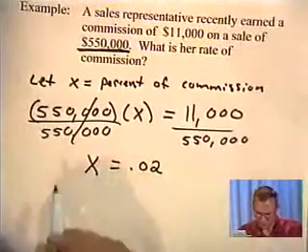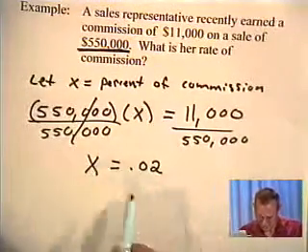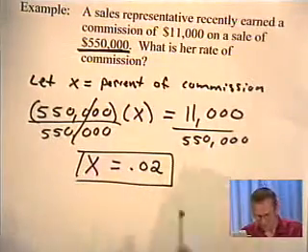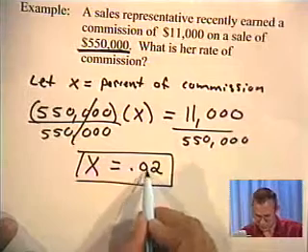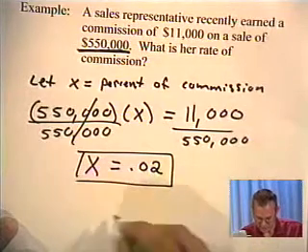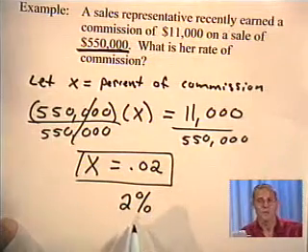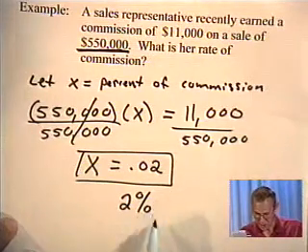Now, what is the percentage? If my X is 0.02, we want to convert that to a percent. Well, to convert it to a percent, we simply move the decimal back over 2 places. So we now know that this person gets 2% commission.